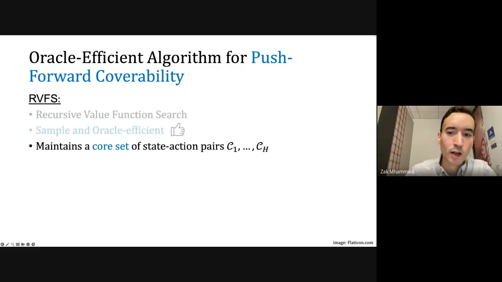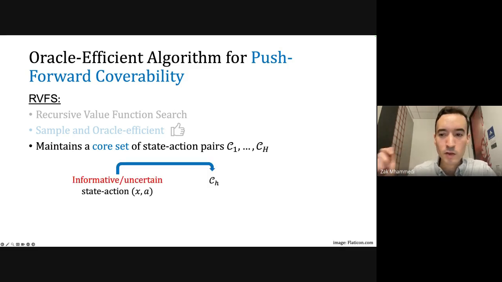One key feature of this algorithm is that it maintains a core set of state action pairs. Whenever the algorithm comes across a state action pair that seems very different from the ones it has seen before, it adds it to the core set. In the tabular setting, you can just add any new state action pair that hasn't been encountered to this core set, which is actually what's done in, for example, AlphaGo.